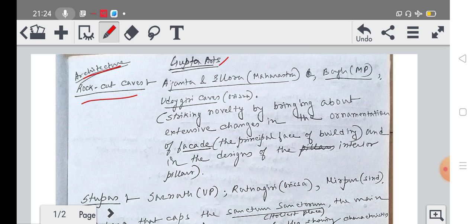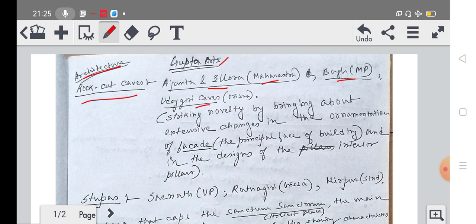So the examples are Ajanta and Ellora, which is situated in Maharashtra. Ajanta and Ellora caves, very famous places for tourists also, and this type of places has also immense historical importance. Bagh, Madhya Pradesh, Udaygiri caves, Odisha.